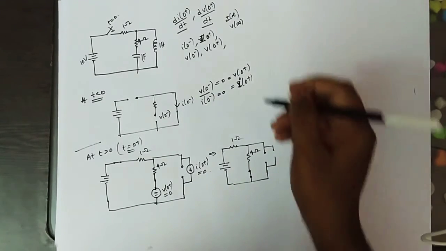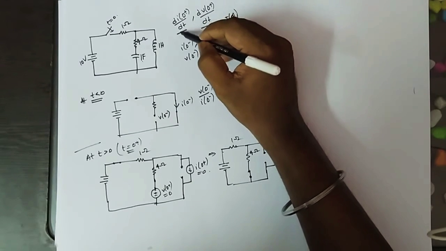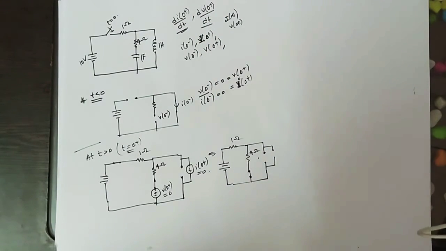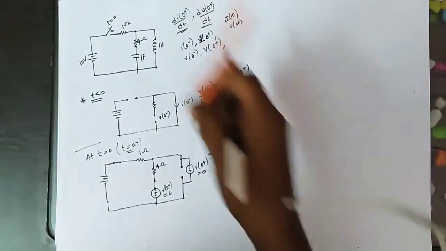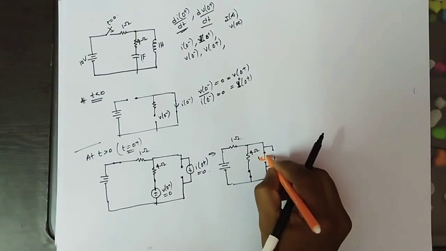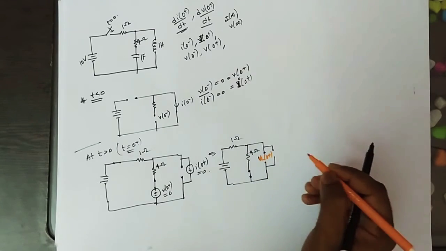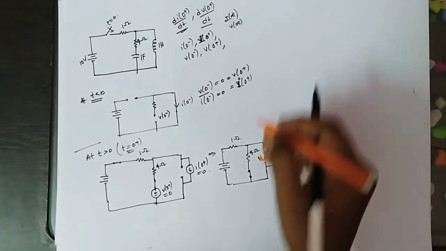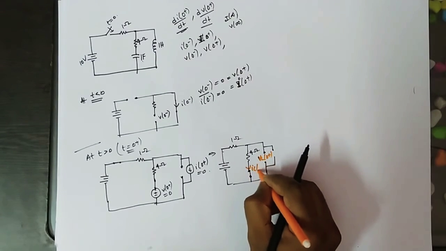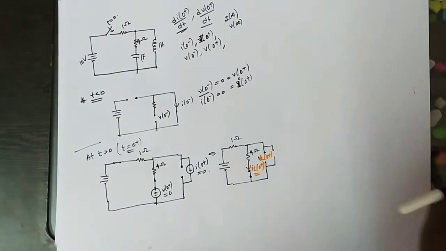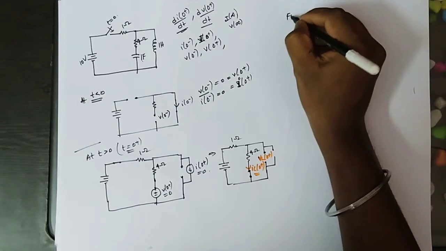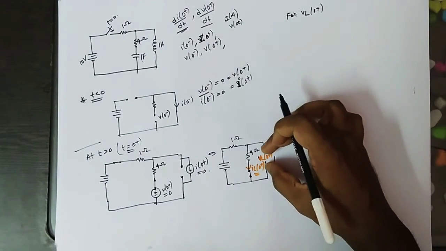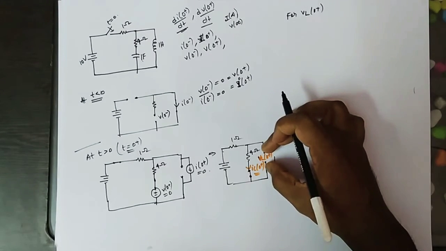Now to find di of 0 plus by dt, we need to know VL of 0 plus. To find dv of 0 plus by dt, you need to know IC of 0 plus. For VL of 0 plus, this means the voltage across these two terminals, the voltage across the 4 ohms.